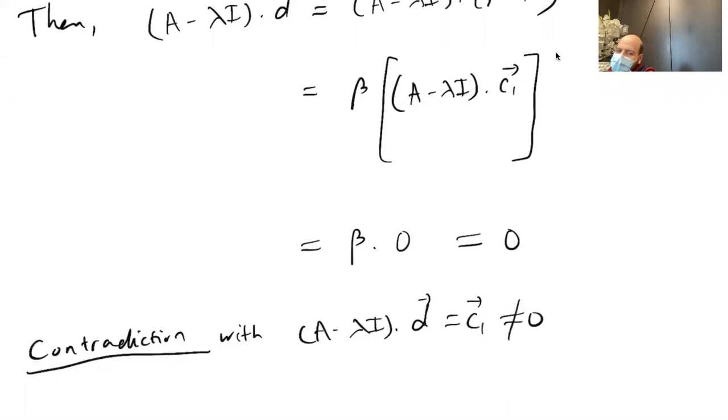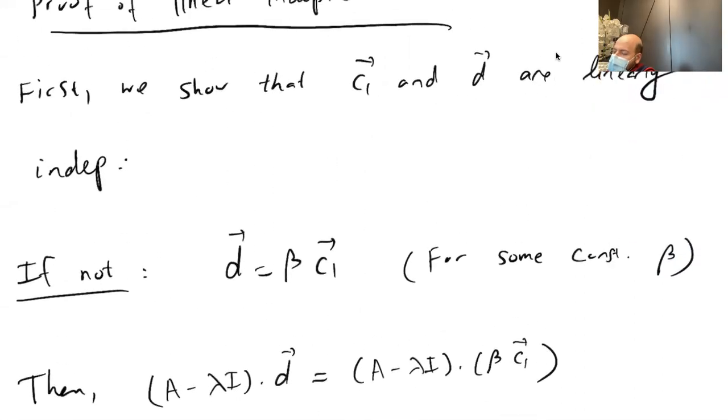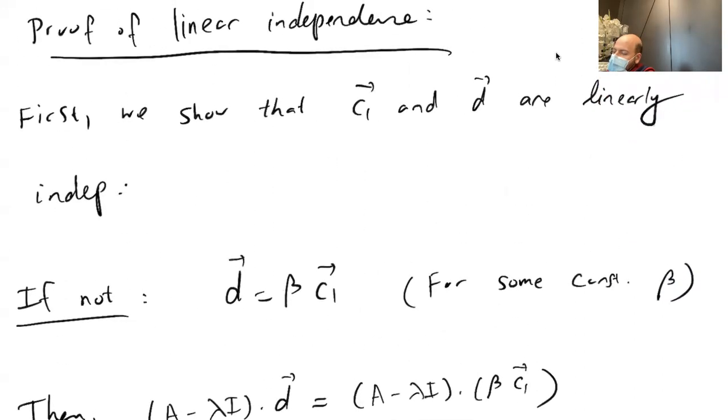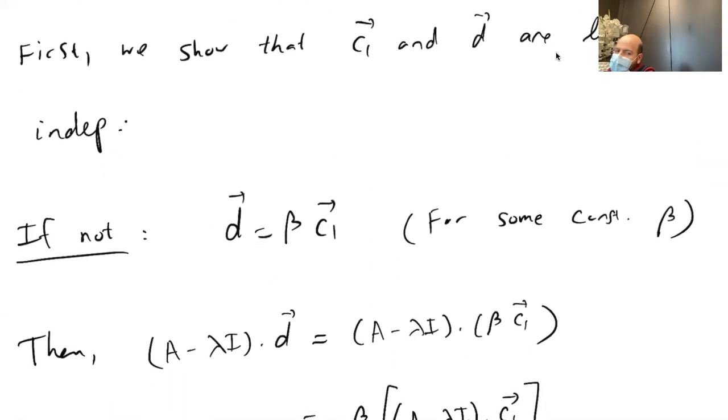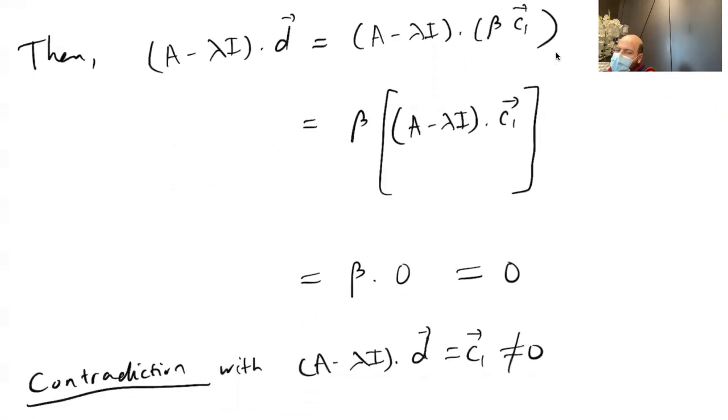Every eigenvector is non-zero. So A minus lambda I times D must be C1, and C1 is non-zero. So A minus lambda I times D must be non-zero. But we just saw that if C1 and D are not linearly independent, then A minus lambda I times D will be zero, but it must be non-zero.